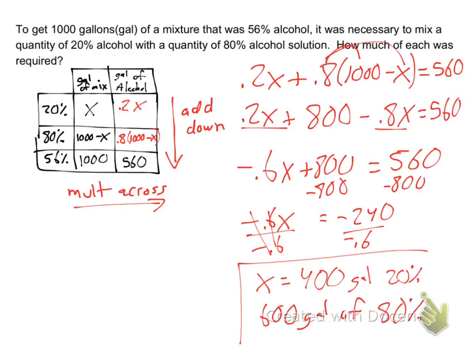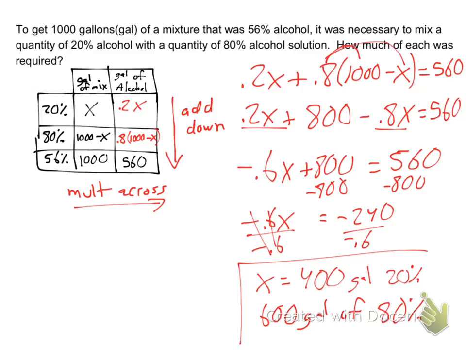You're using more of something. Take a look back at 20, 80, and 56. Is 56 closer to 20, or is 56 closer to 80? It's closer to 80. So, in my mind, I need to use more 80. The results are, I used more of 80. Therefore, it helps me check that I'm doing things right.